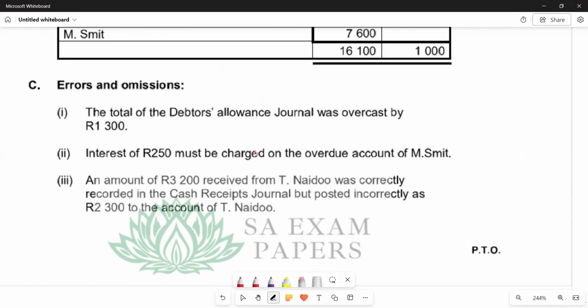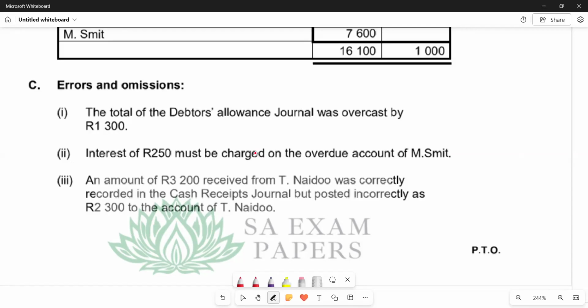So in this case, it means this 1,300 was overcast. It means we subtracted a bigger figure by 1,300 in the debtors control. In other words, on the credit side of the debtors control, there is a bigger figure by 1,300, which we need to remove. So by removing it, we go to the debit side and enter 1,300.